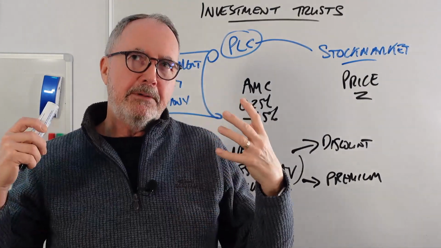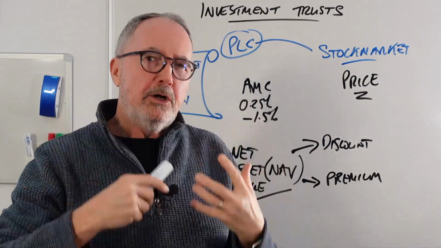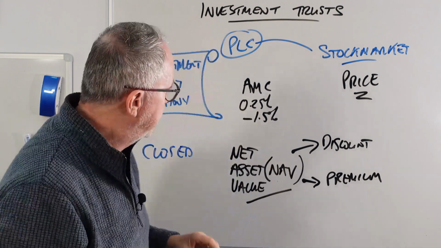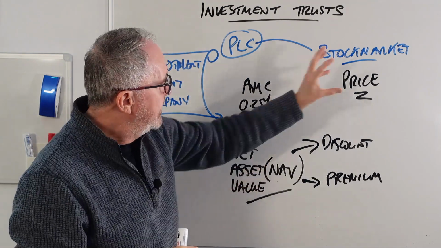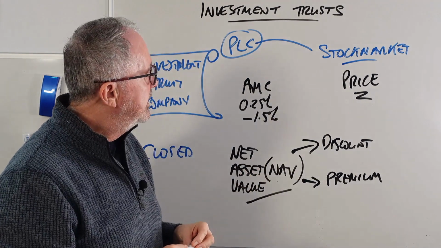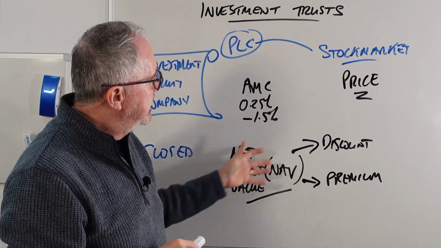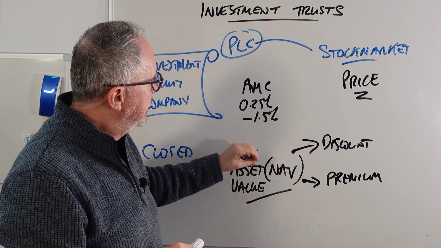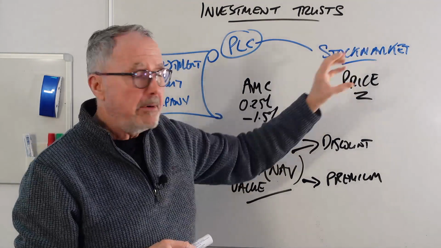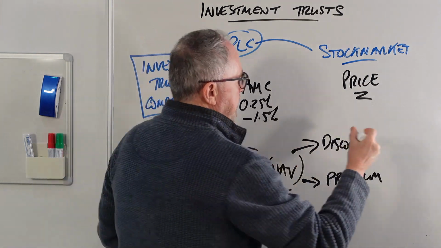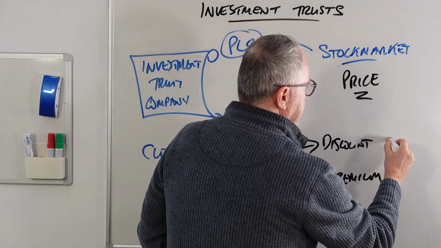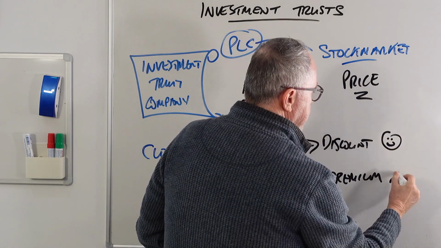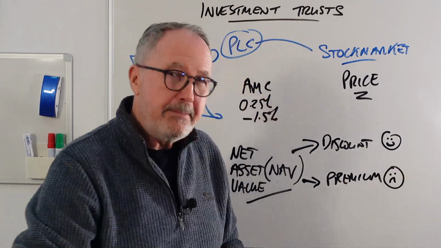So trading at a premium then means the shares might be overvalued. That's what they're saying. So your NAV itself will be less than the price the stock market's given you. But if it's trading at a discount, the NAV itself is probably higher than the actual price on the stock market. So really, if you put it, a discount is good news, the premium might be bad news because it might be overvalued.